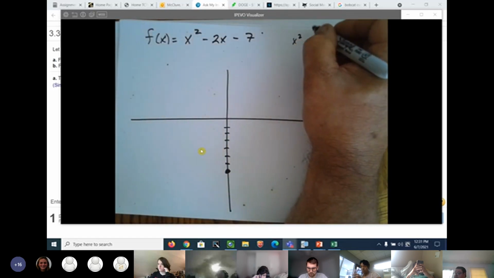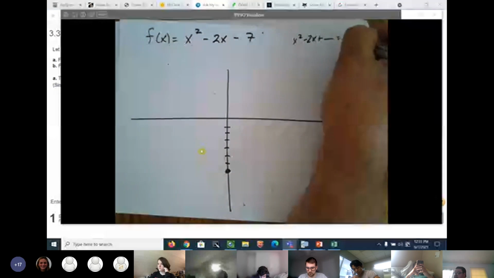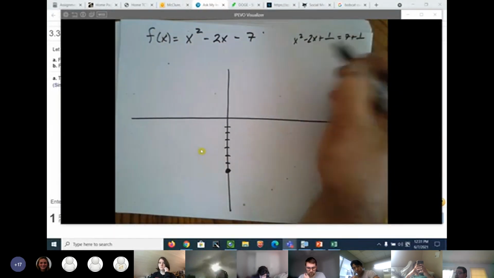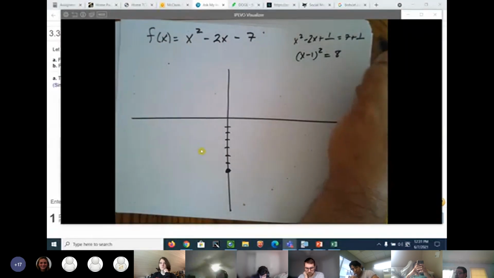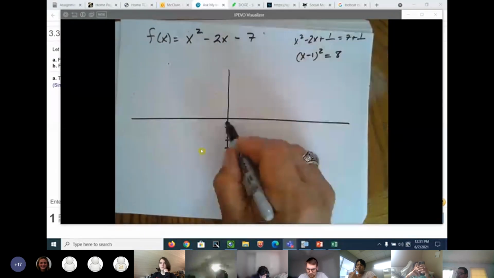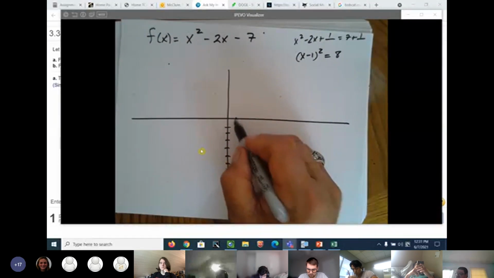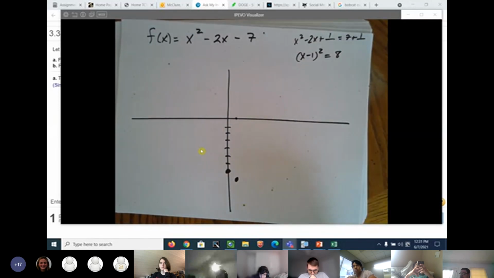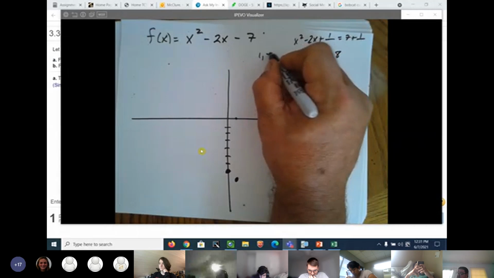I'm going to go over here and just do it. X squared minus 2x plus blank is equal to 7 plus blank. Half of 2 is 1, squared is 1. X minus 1, quantity squared, is equal to 8. So positive 1, negative 8. There's our vertex. Vertex is 1, comma, negative 8.